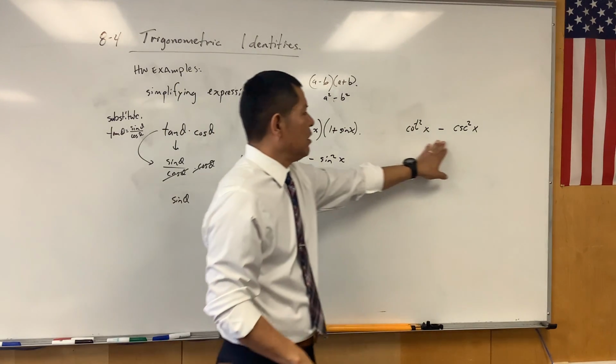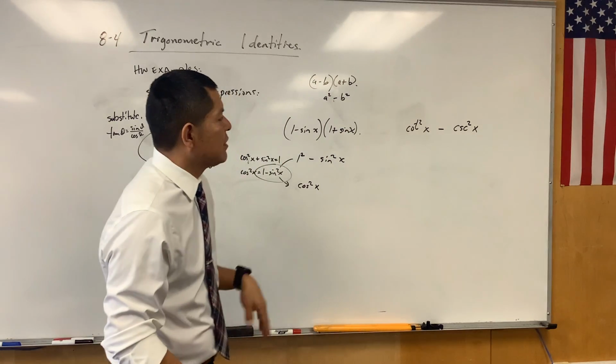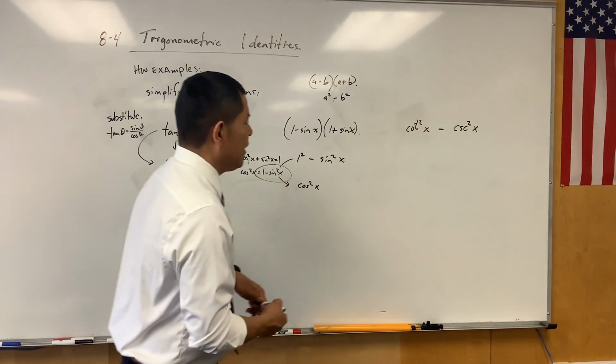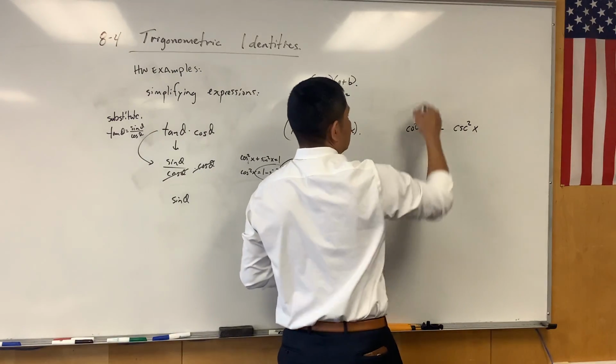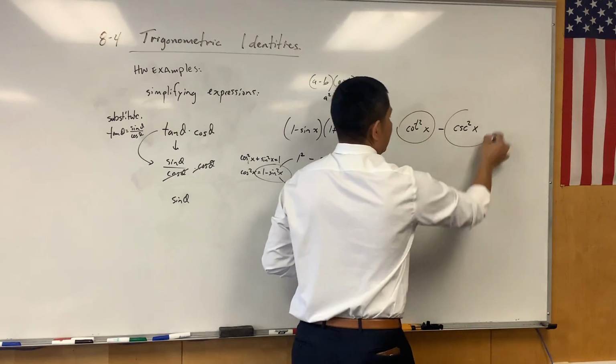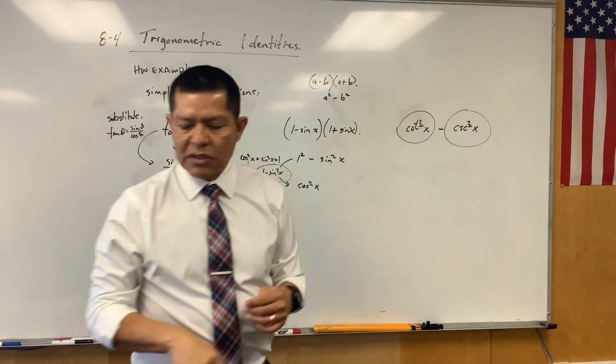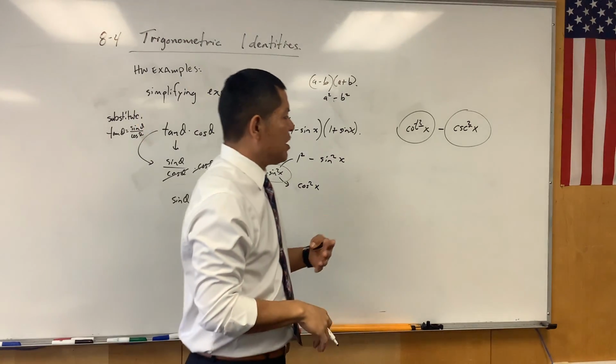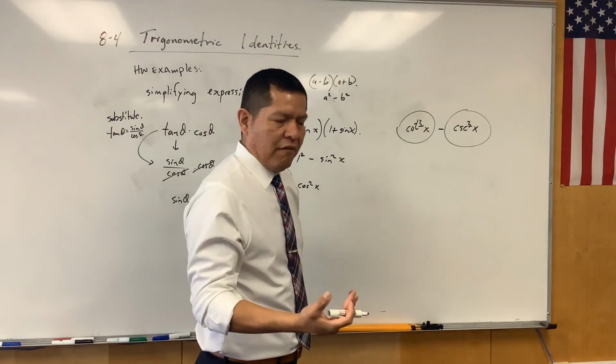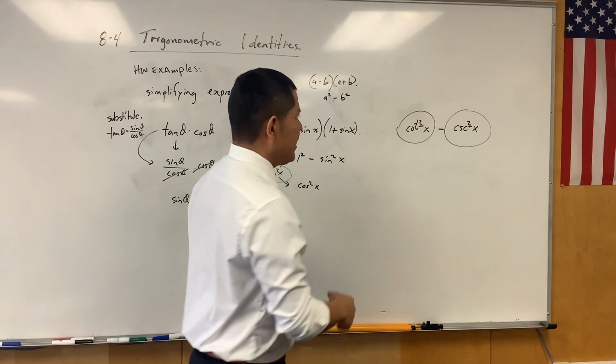And then this one, the same thing applies, right? From our Pythagorean identities, I'm going to switch this. The reason I'm doing this is because I see the squares here. I see those squared, so that means that I'm going to switch these out with their equivalent trig identity.